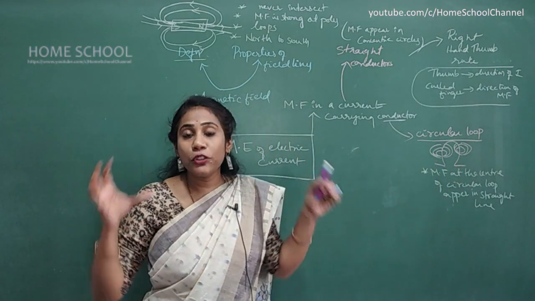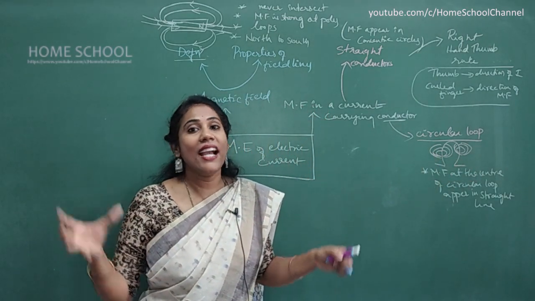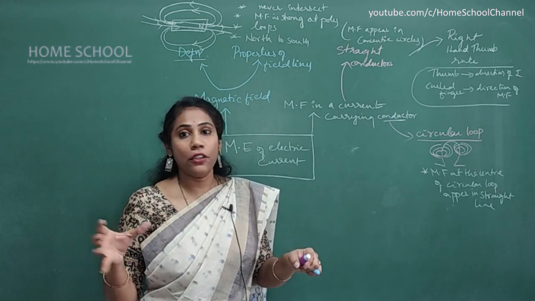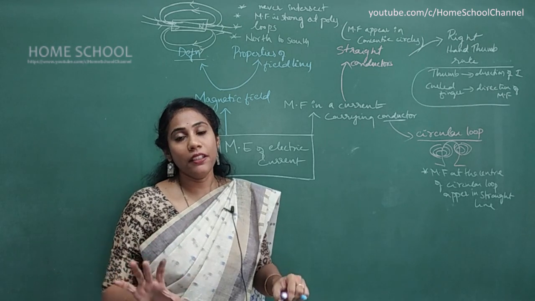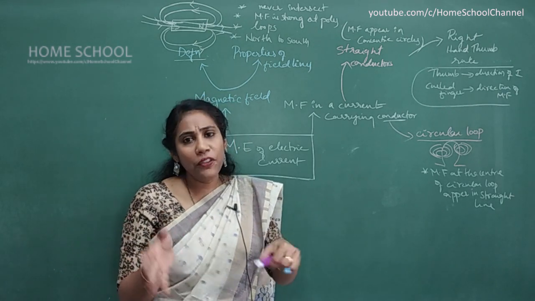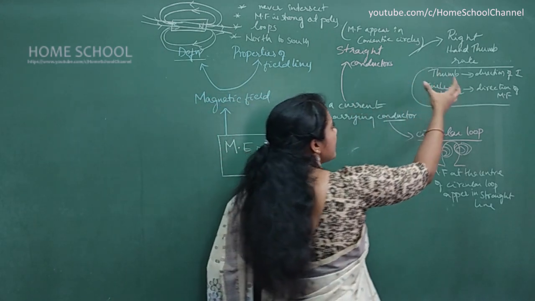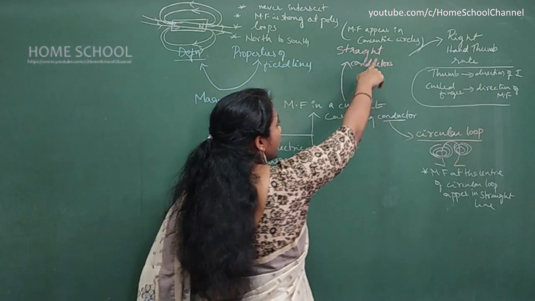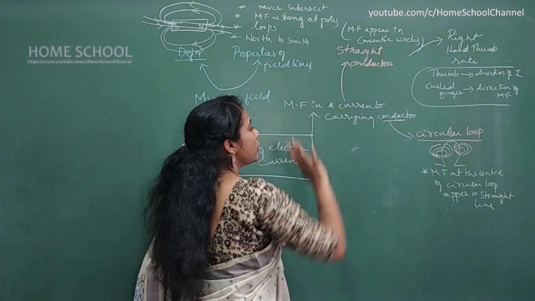Those factors I discussed in detail in the videos of the magnetic field of electric current chapter. You can go to the playlist and watch the videos. Just briefly, I'll tell you what factors can affect the magnetic field generated in a straight conductor.